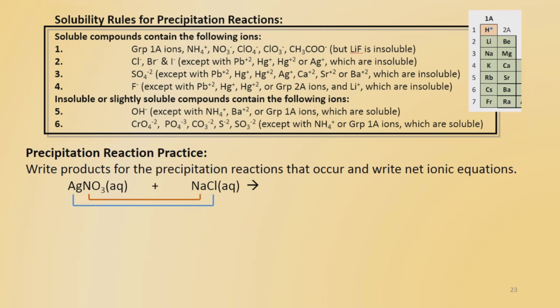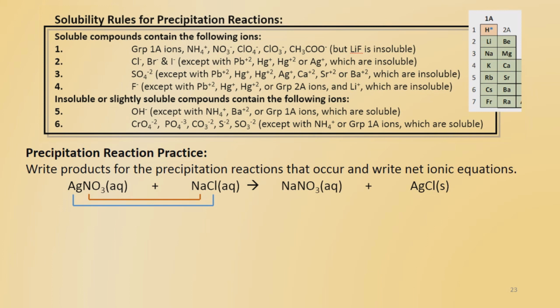But what about silver meeting chloride? Rule number 2 tells us that all chlorides are soluble unless chloride is combined with lead-2, mercury-1, mercury-2, or silver. So there it is. Silver chloride happens to be insoluble. So we can write the products NaNO3 aqueous and silver chloride solid precipitate.